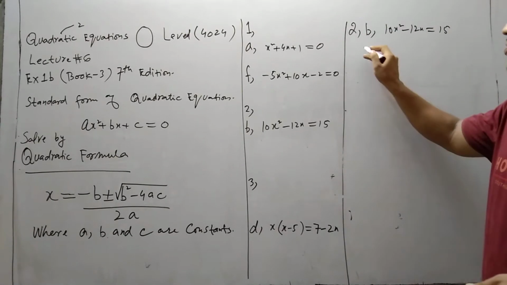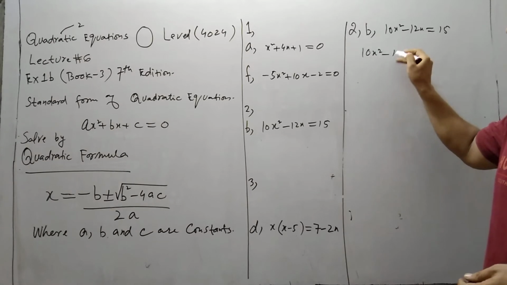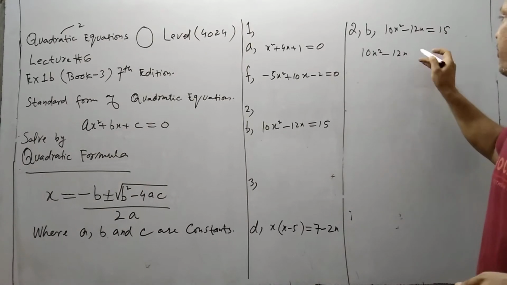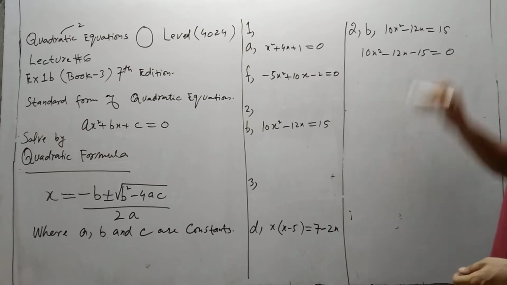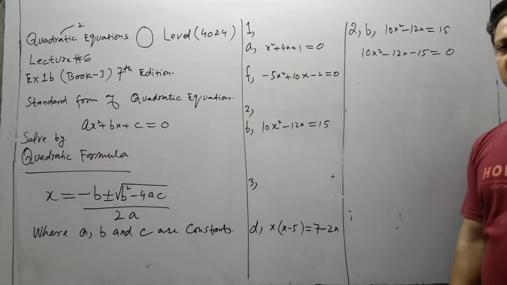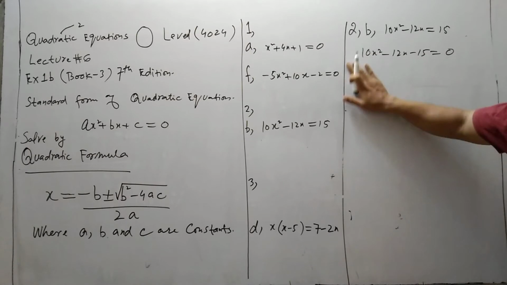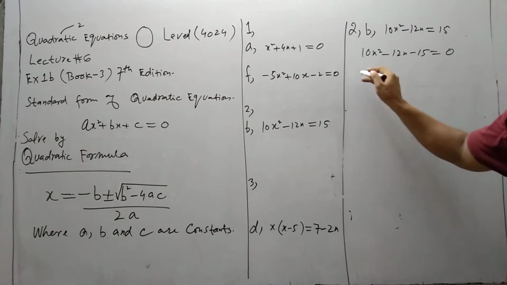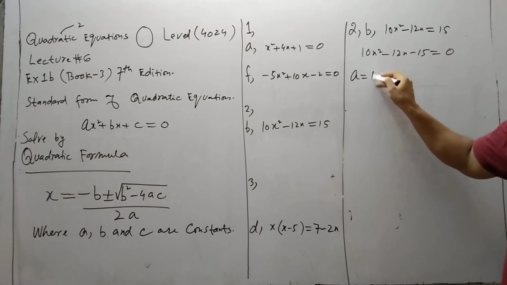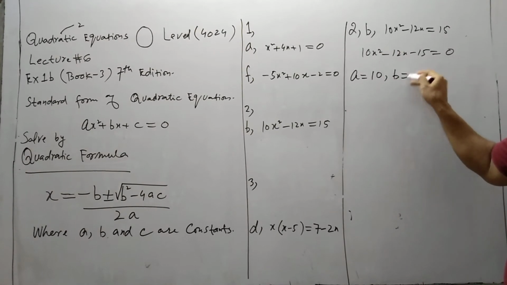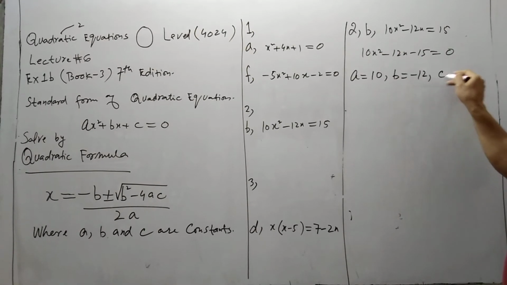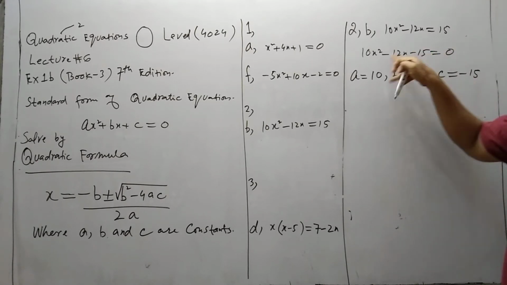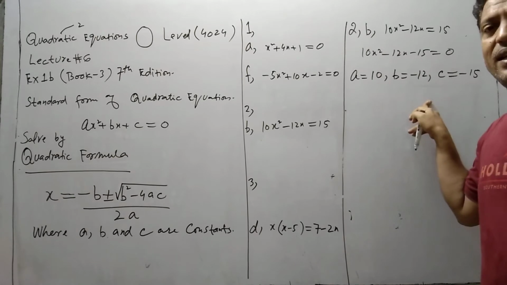So first we have to convert this by moving this 15 to this side to get 0. Now, right now your equation is in a standard form of quadratic equation. By applying quadratic formula, you need a is the coefficient of x square, b is the coefficient of x, c is constant. If you see minus, you must write minus.